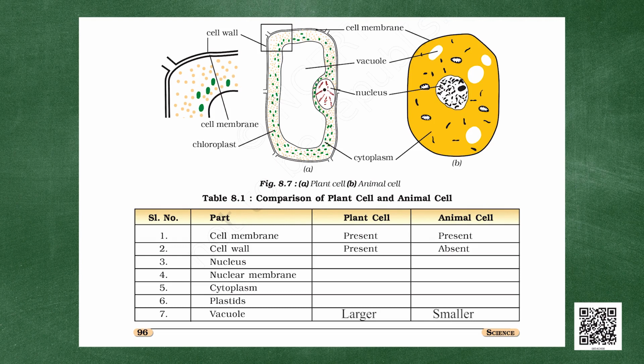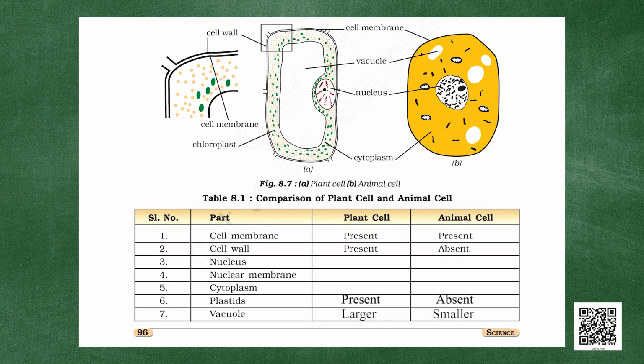In plant cell, plastids are present, and in animal cell, the plastids are absent. Yes. Chloroplast is one type of plastid that gives green color to the plant cell, which is required for photosynthesis. That is not required in animal cell, so it is absent in animal cell.